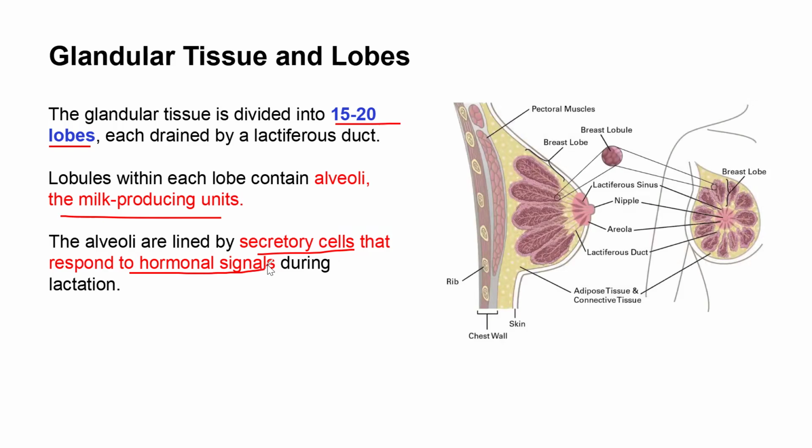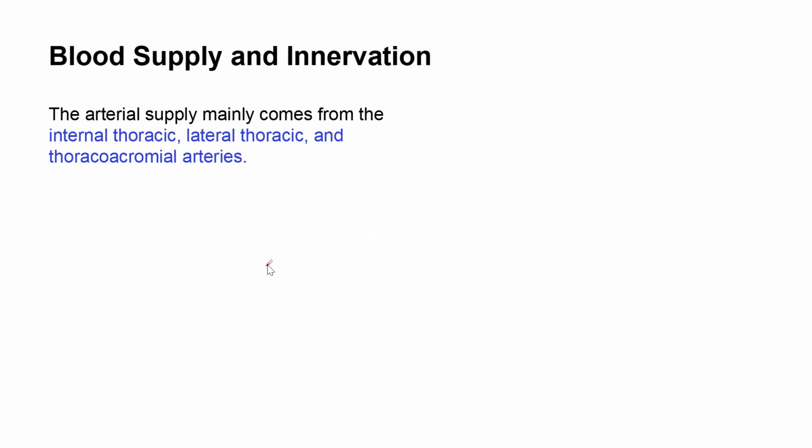The next thing is blood supply and innervation. The arterial supply mainly comes from the internal thoracic, lateral thoracic, and thoracoacromial arteries.